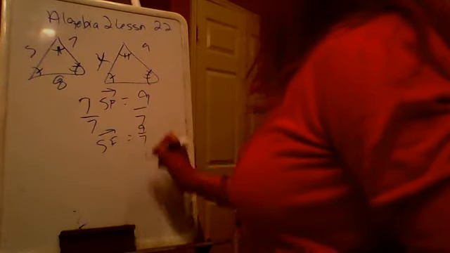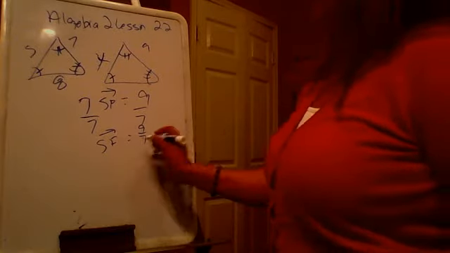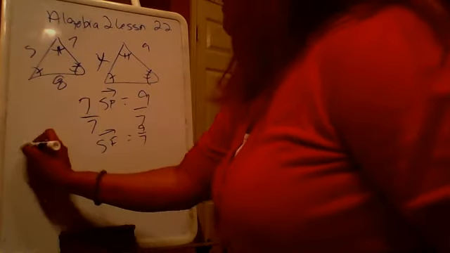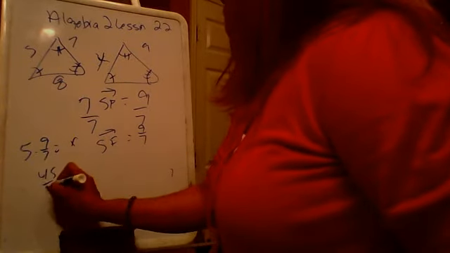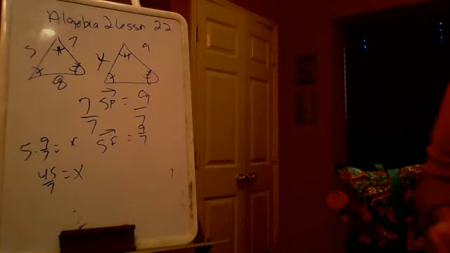Scale factor equals 9 over 7. Then we can simply go 5 times the scale factor equals x. And I get 45 over 7, which I got earlier. So you can either use a scale factor or you can use ratios, and because ratios are proportional, then we can simply cross multiply. So it's just 2 different ways of doing that.